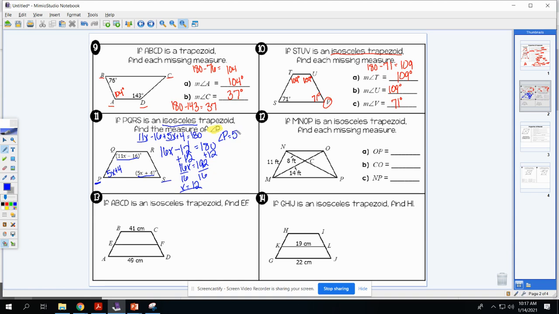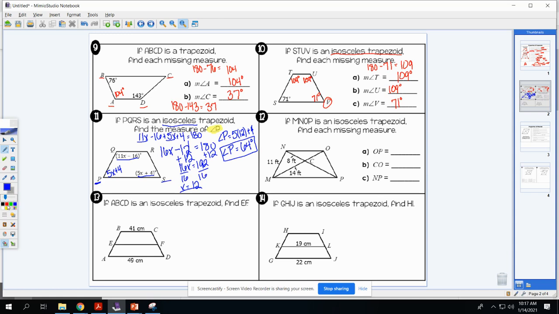So angle P is equal to 5 times our x, which is 12, plus 4. Angle P here is going to be 64 degrees.